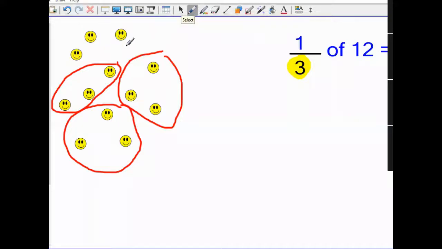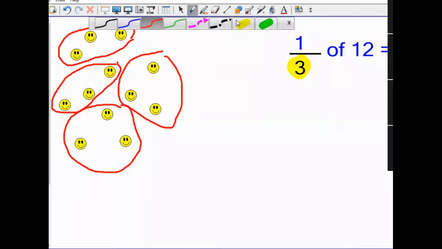Now I am making groups of 3. Okay. Now I look at the numerator. It is what? 1. So I should check 1 out of every 3.